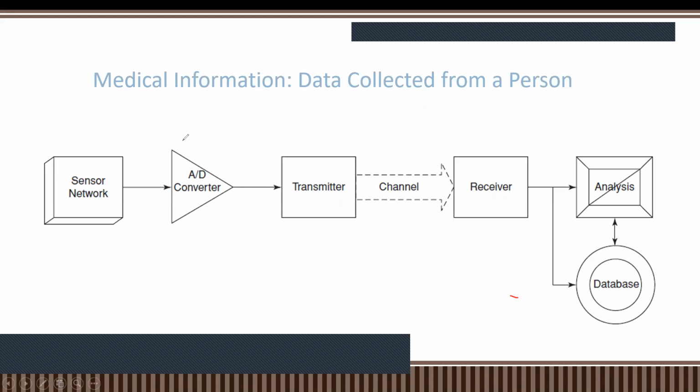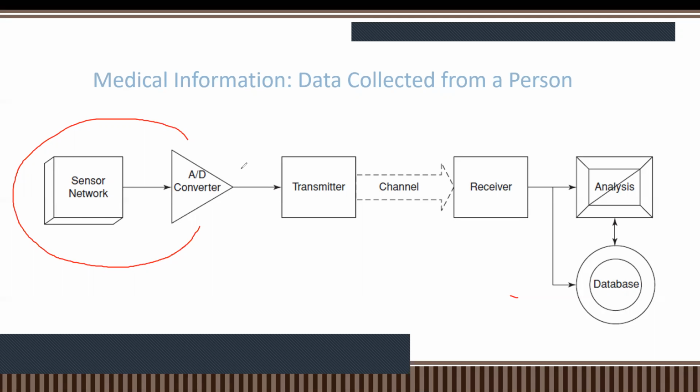Sometimes we have a sensor module which includes the analog to digital converter inside, and in that case the digital information comes right away, reaching the transmitter. This is also a smart sensor, जिसके अंदर मेमोरी भी है और साथ साथ उसमें एनालॉग टू डिजिटल कन्वर्शन भी है.